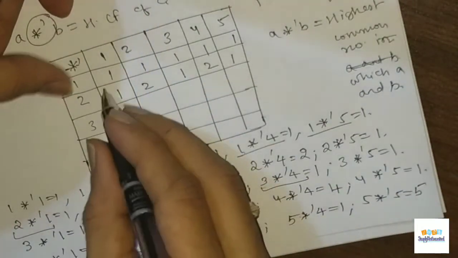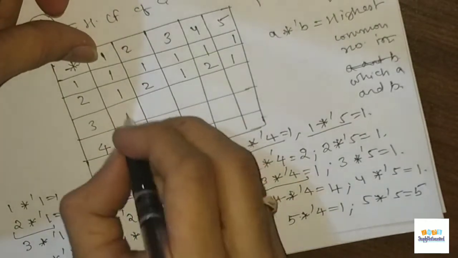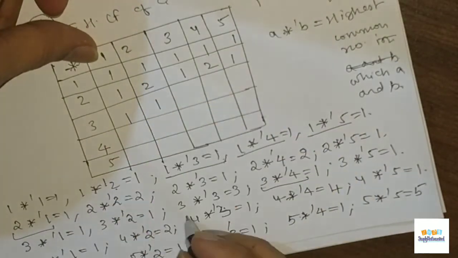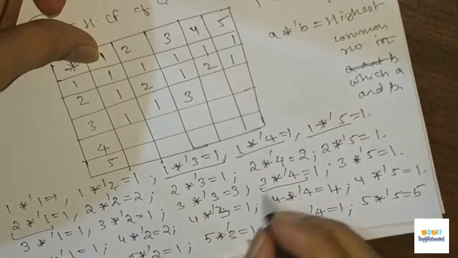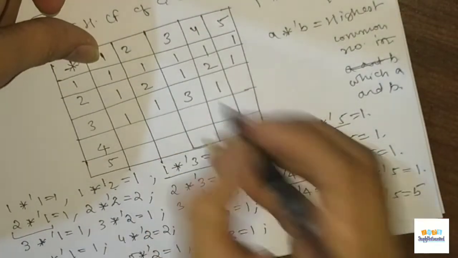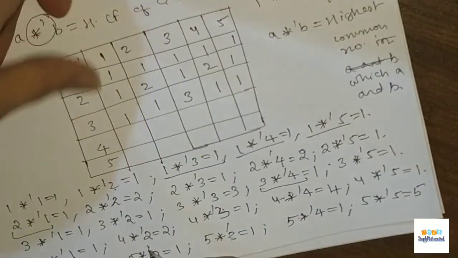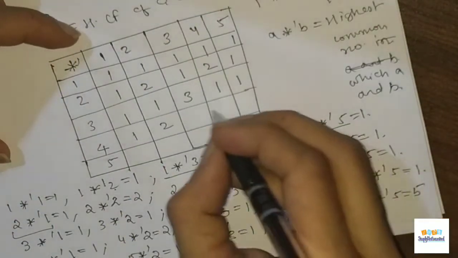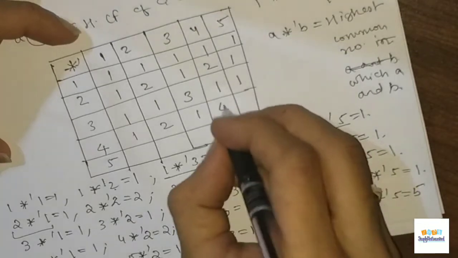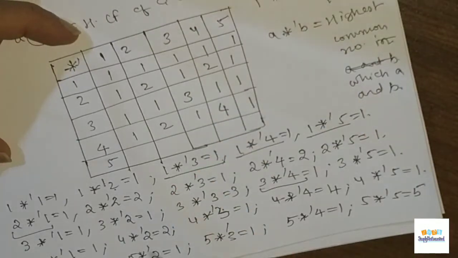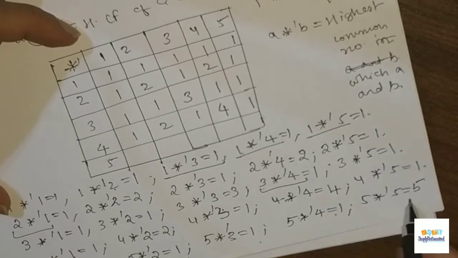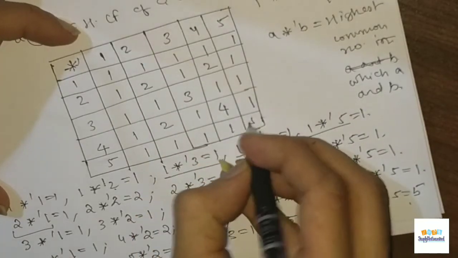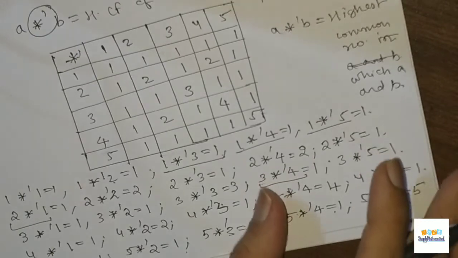Then 3 star prime 1 is 1, 3 star prime 2 is 1, 3 star prime 3 is 3, 3 star prime 4 is 1, and 3 star prime 5 is 1. Then here you'll get 1 2 1 4 1, and the last row will be 1 1 1 1 5. This is what you are getting.